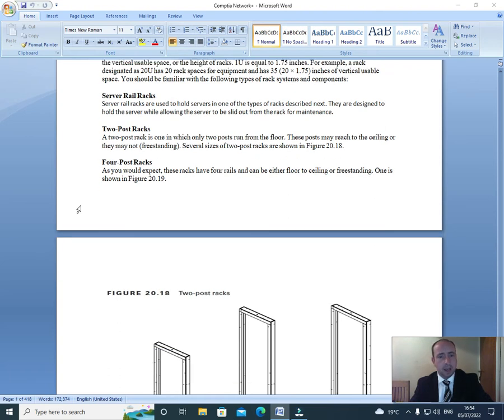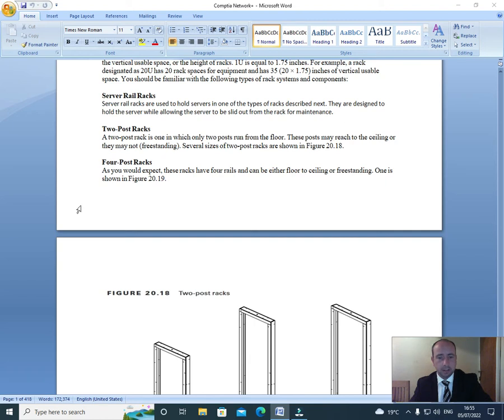Two-post racks. A two-post rack is one in which only two posts run from the floor. These posts may reach to the ceiling or they may not. Freestanding. Several sizes of two-post racks are shown in figure 20.18. Four-post racks.